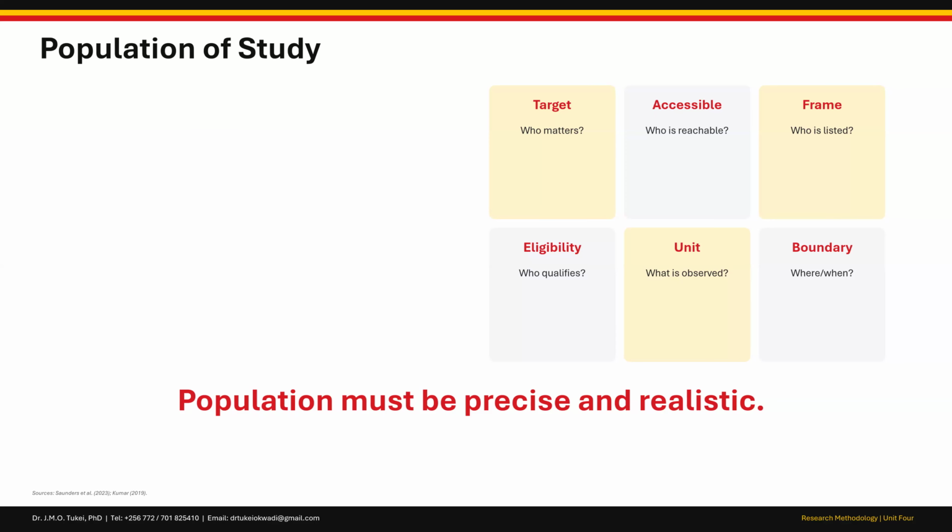No, look at just one. Then you are able to look at what should be studied. That's why we talk about the unit of analysis, unit of inquiry, eligibility, and the boundary. That kind of thing is very important. That's why we say the population must be precise and realistic.